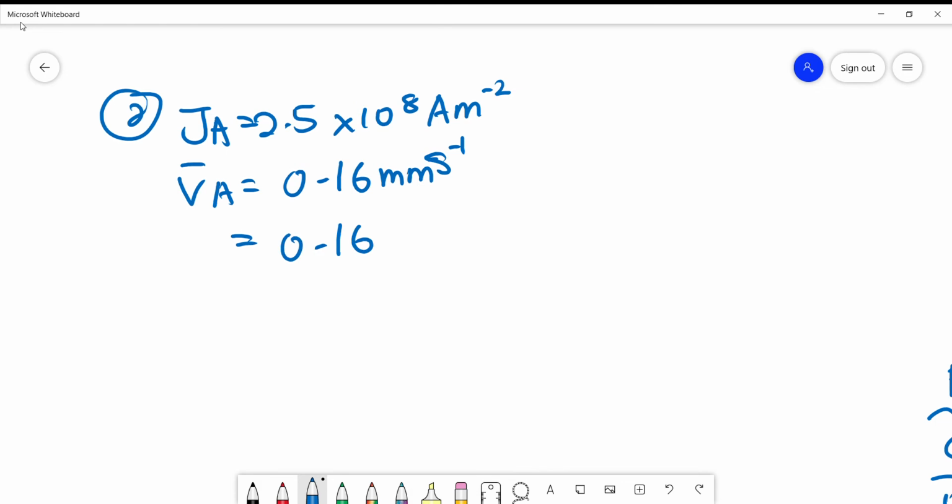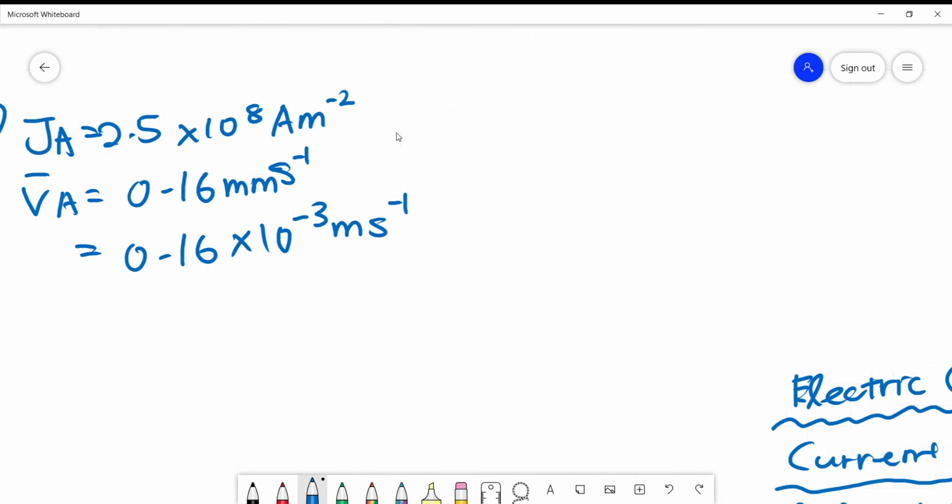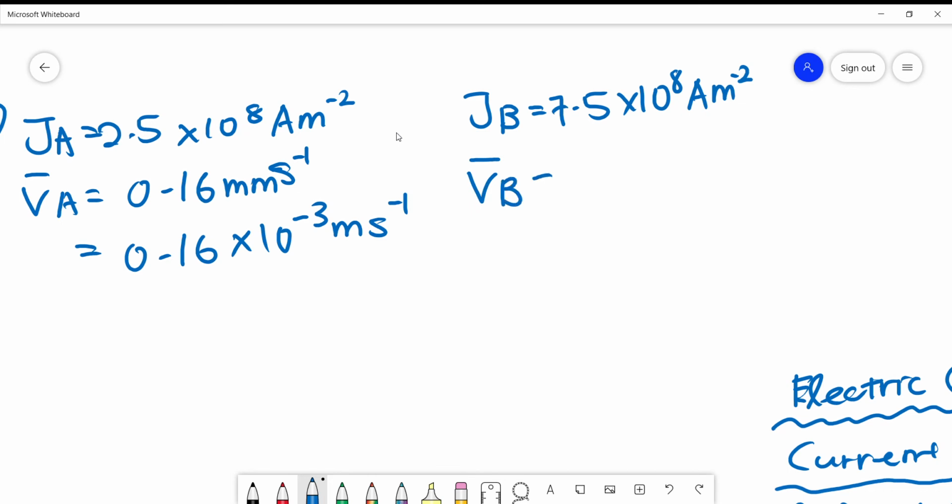The millimeter, as I said, is times 10 to the power negative 3 meter per second. Okay, so that's another wire, which is B. B has the current density of 7.5 times 10 to the power of 8 ampere per meter square. So the question is, what is the drift velocity possessed by the wire B?